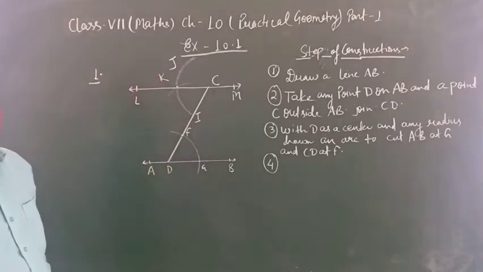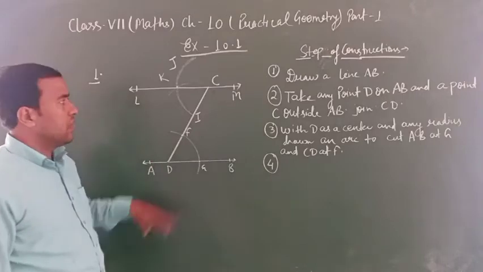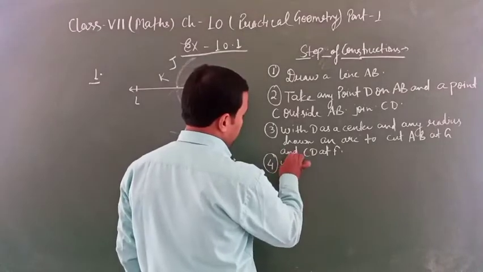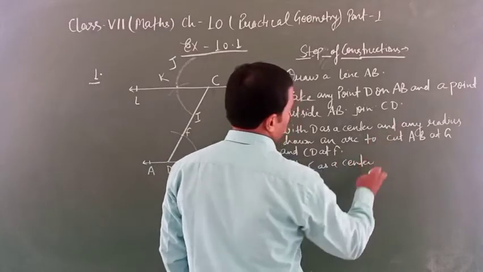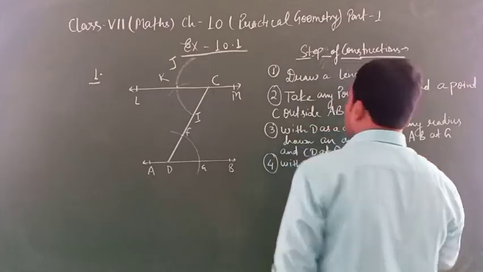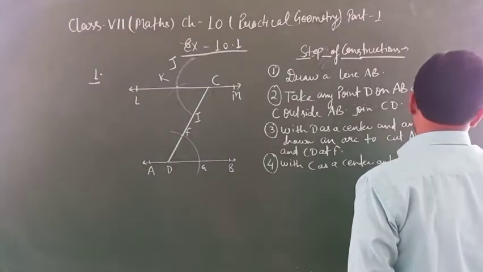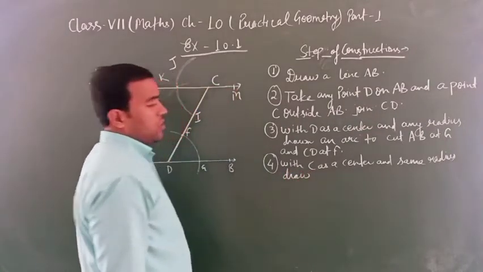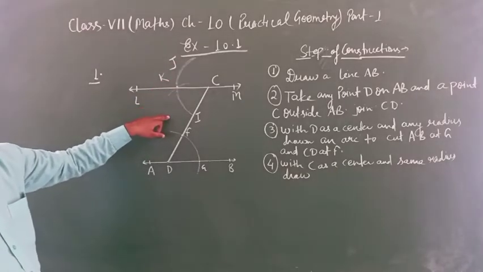IJ to cut AB, CD. Clear? Means with C as a center and same radius, draw an arc IJ.